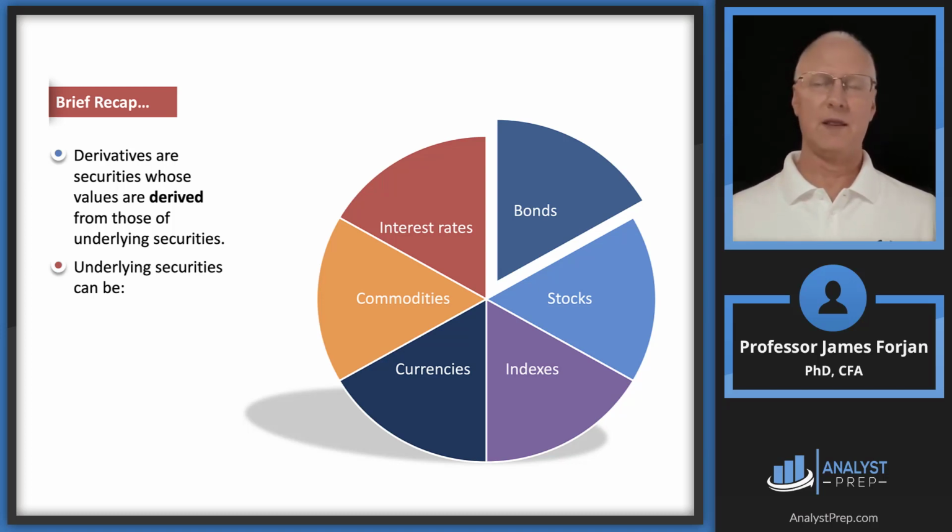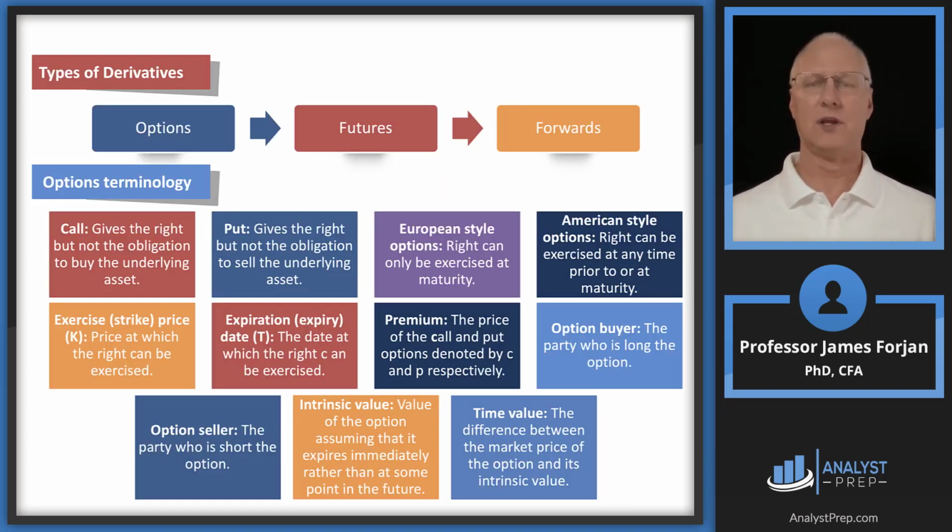It seems to me that the Institute is very interested in stock options. And so that's pretty much the focus of our slide deck here, and probably going through the rest of kinds of derivatives. But remember that you could be faced with almost any kind of an option contract on any of these underlying securities. So here's a really good review slide of terminology.